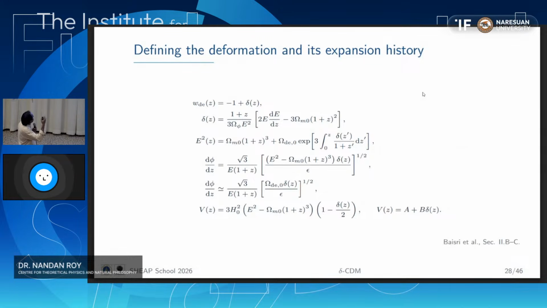Now here we consider one approximation, which is a very physical approximation, called thawing dark energy. Thawing dark energy means the equation of state is varying, but in the early universe it was -1, then slowly, when the dark energy starts to evolve and dominate, it differs from -1 either way, to quintessence or phantom.